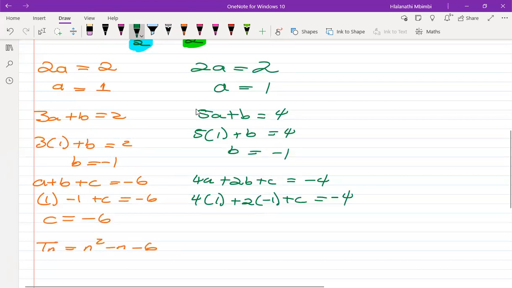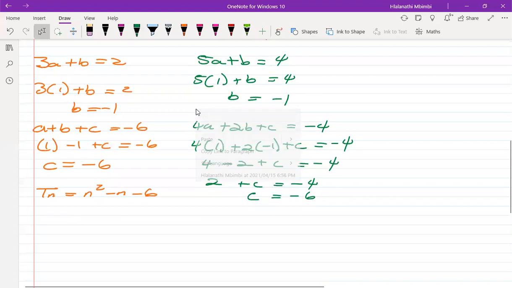So that would be 4 minus 2 plus C is equal to -4. And that would be 2 plus C is equal to -4. Your C would be -6. So once again, you will still get n squared minus n minus 6.